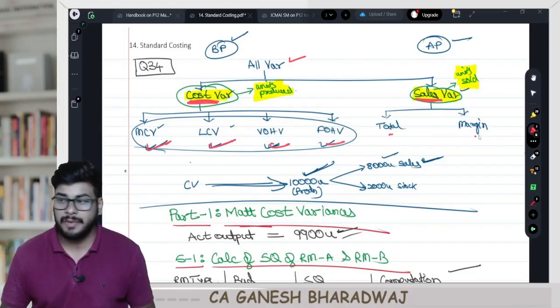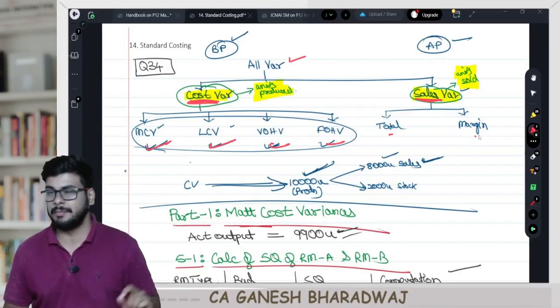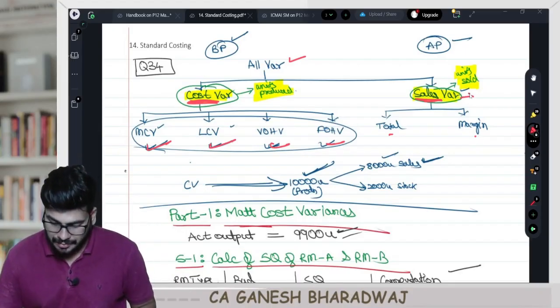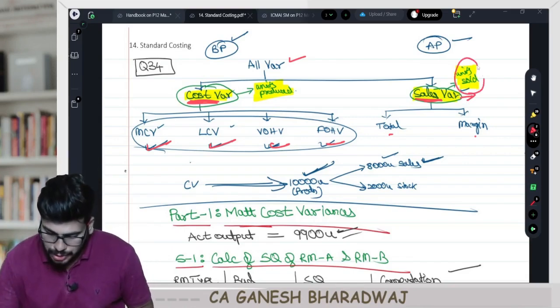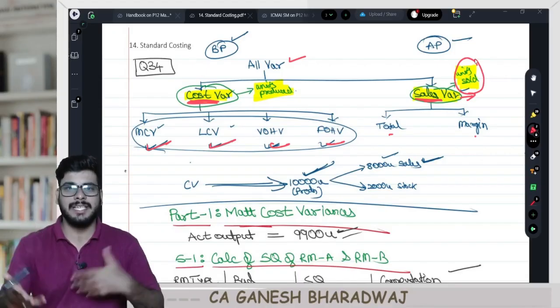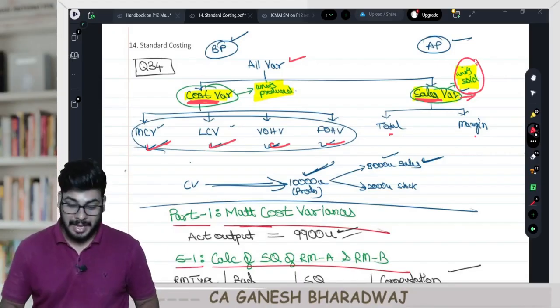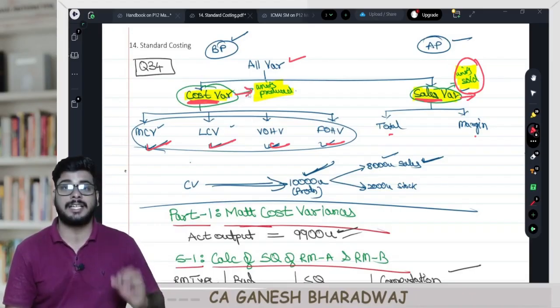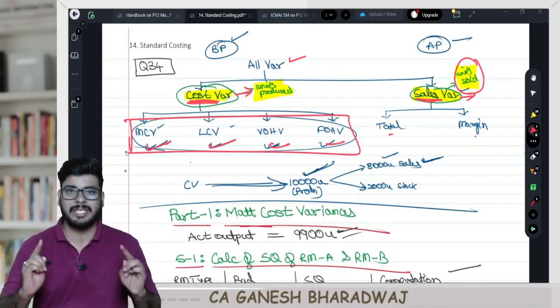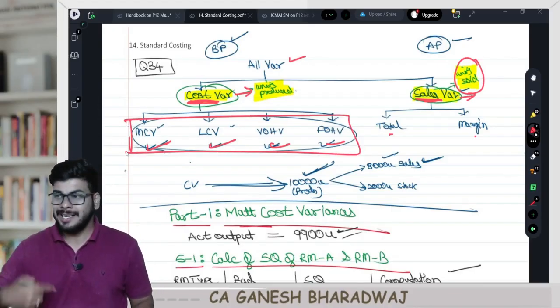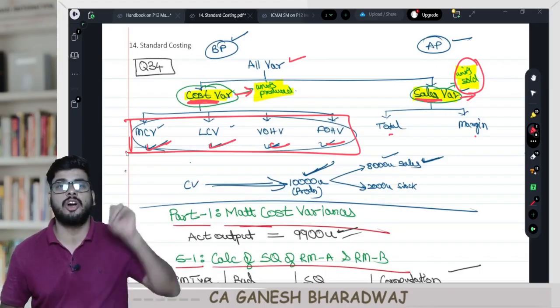Now always remember this: sales variances are always tied to units sold. Obviously, sales pertains to units sold, whereas cost side variances are tied to units produced. Why? Because whatever cost I incur, I incur for the production, not for units sold.